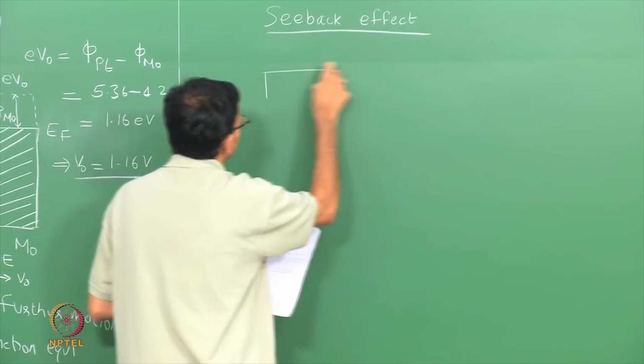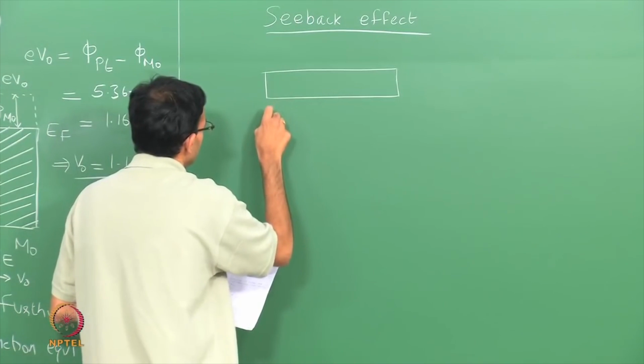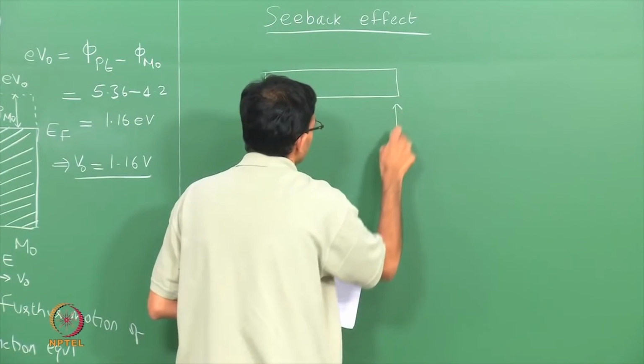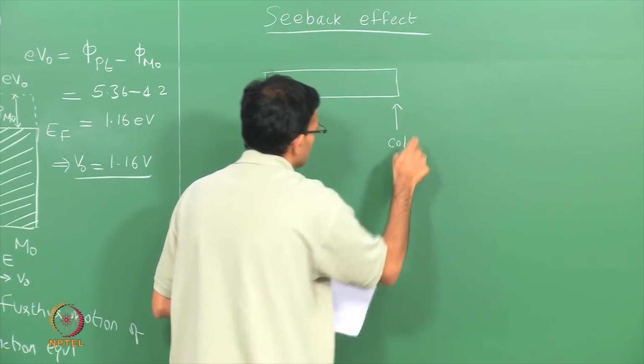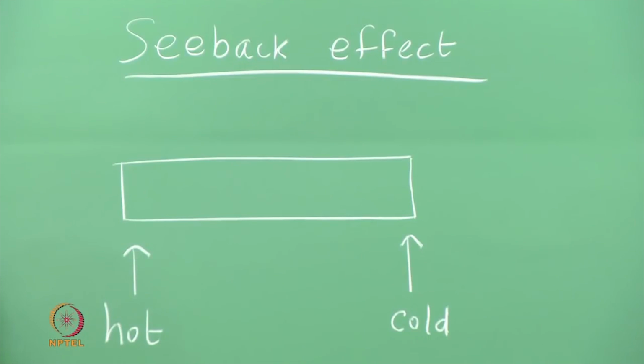So, consider a piece of metal. One end of it is hot, the other end of it is cold. Your cold could be the room temperature, the hot end could be something that is placed in a furnace at elevated temperature.